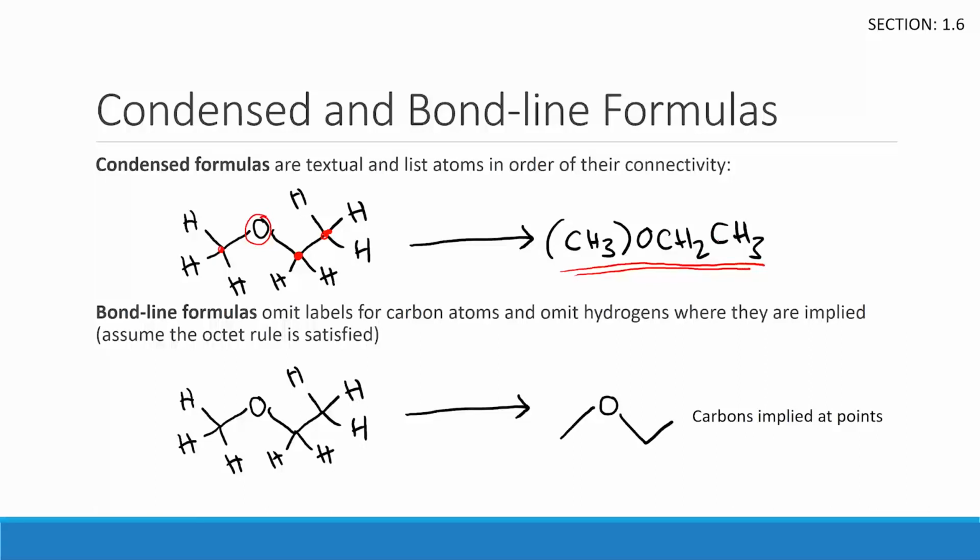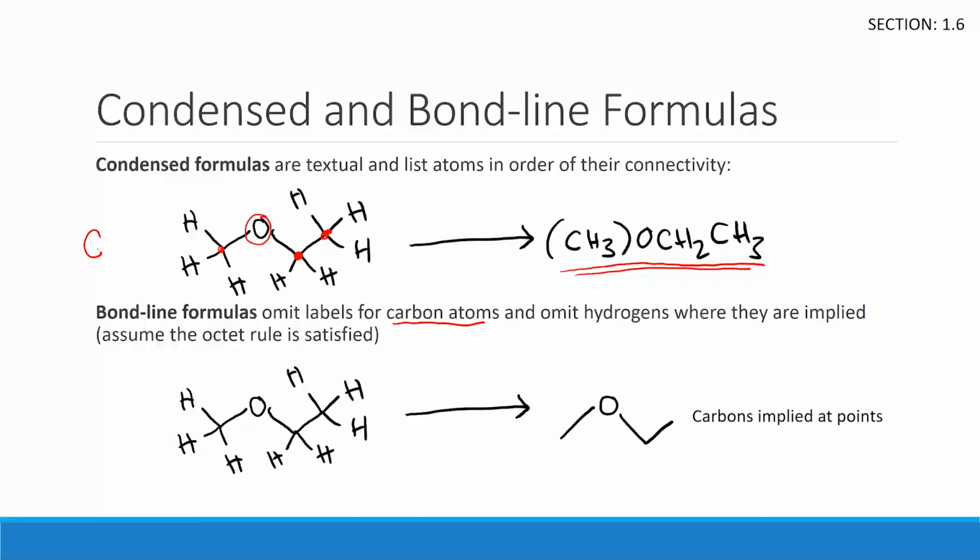Another way we can draw things out is using the bond line formula. In this case, it omits the labels for carbon atoms and omits hydrogens. This is the most common way organic chemists will draw chemicals, by omitting the actual carbon atom. So just like in the instance above, notice that each point that I drew was a carbon atom, and I didn't actually write the symbol carbon.